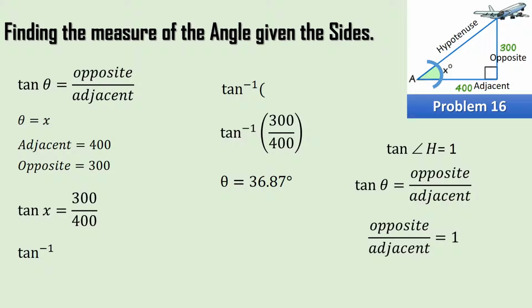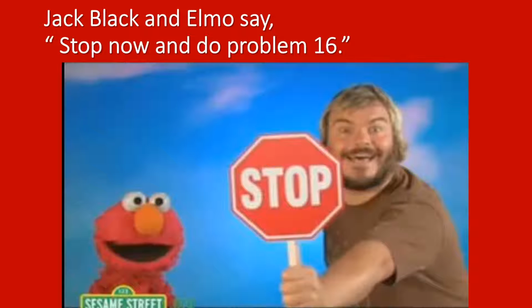What kind of triangle do you have to have if your two legs are equal to each other? Think about it. Okay? And do problem number 16. Stop now and do problem number 16.